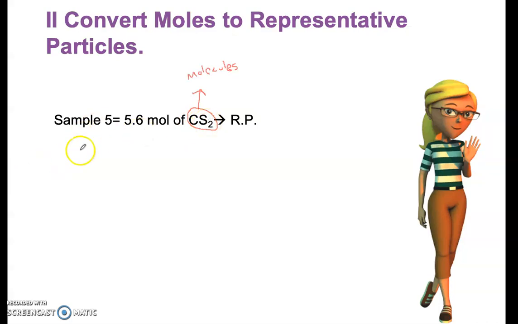So we're going to set this up here. We're going to have 5.6 mol CS2 times our conversion factor.